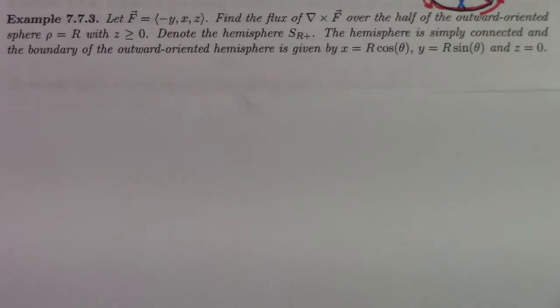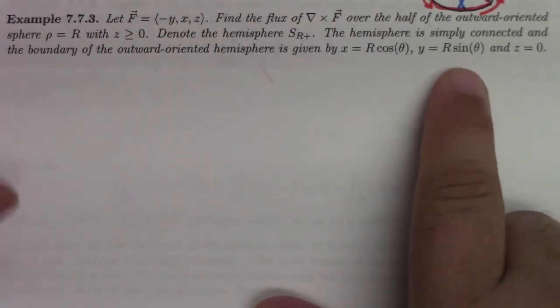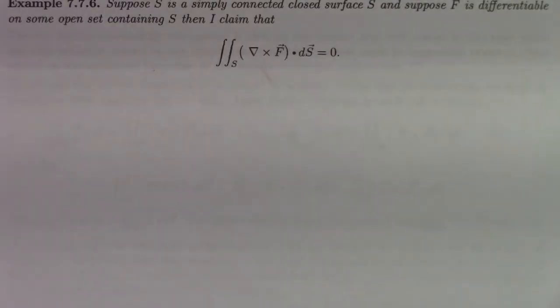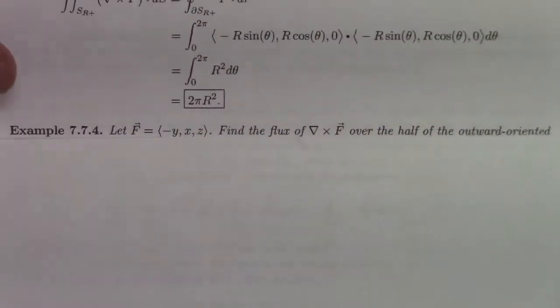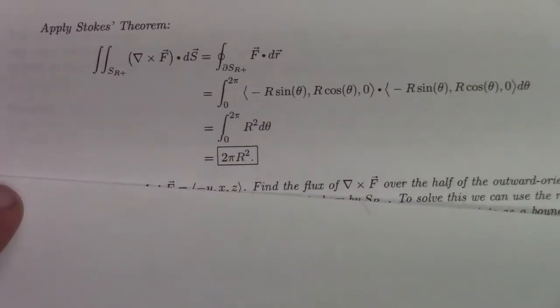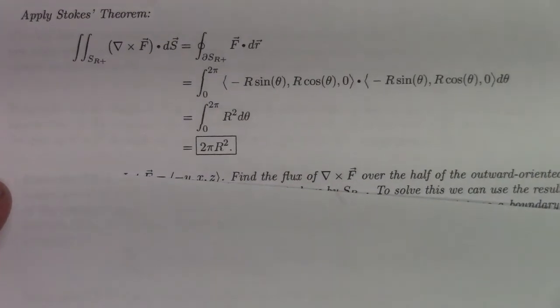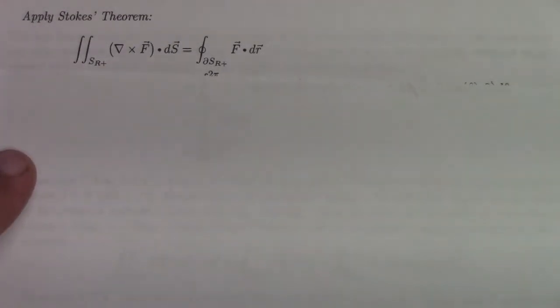So what do I want to do? I am parametrizing the equatorial circle right there, and I'm going to apply Stokes' theorem to calculate the flux of the curl of that vector field, but I'm never actually even going to calculate the curl.